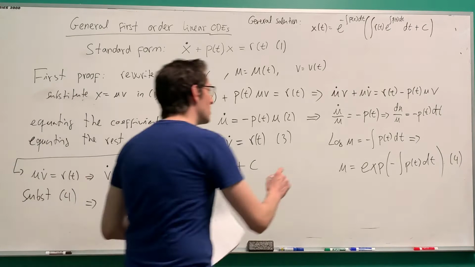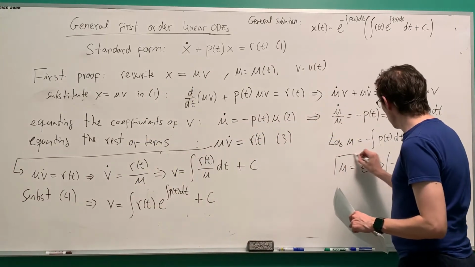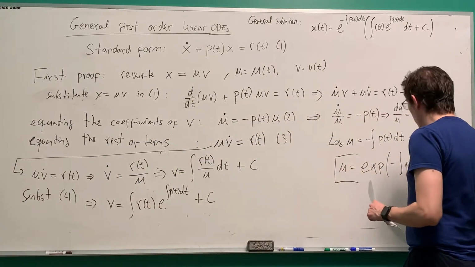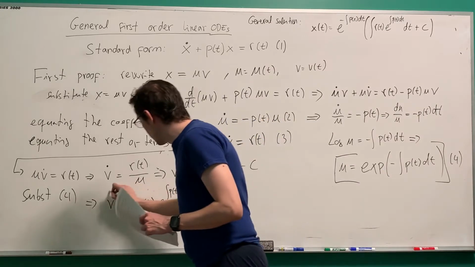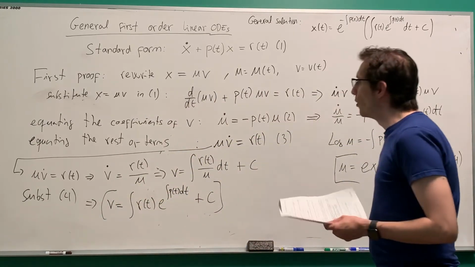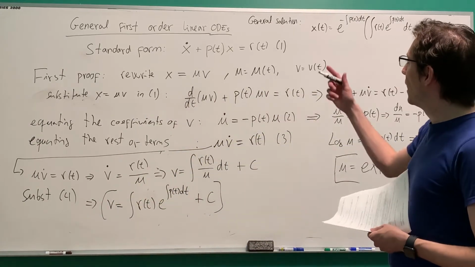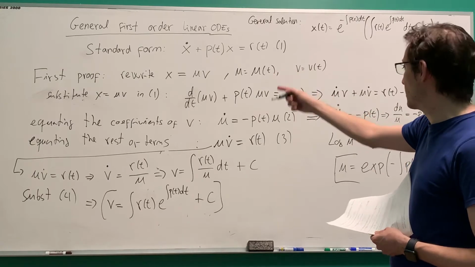Wonderful. So we found u. This is a partial result. We found v. This is another partial result. We can put them together because the final solution is u times v.